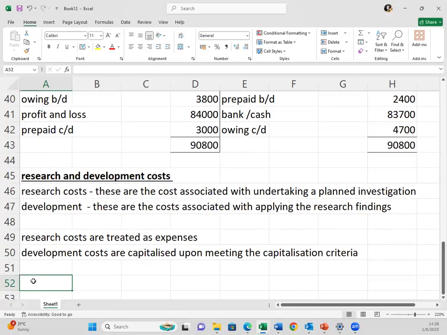So when do we start capitalizing development costs? The costs associated with the development, we start treating them as non-current assets. Capitalizing is treating them as non-current assets.